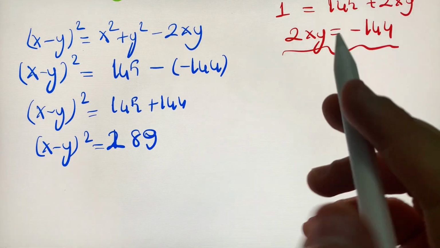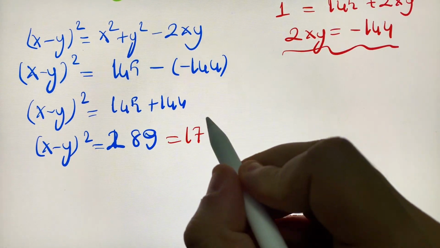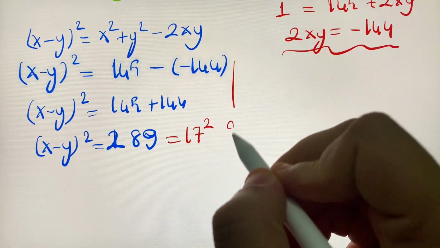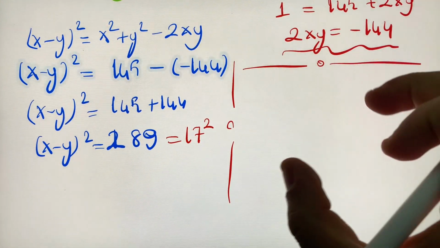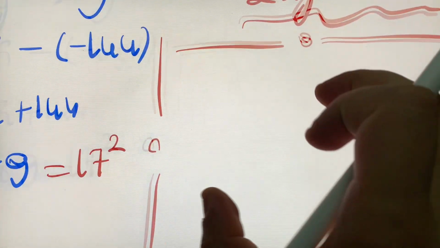What number squared is 289, friends? 17 squared. Because it's 17 squared, we will have two different solutions.